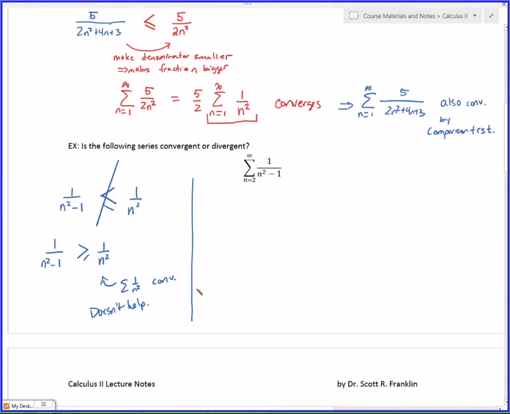And this is why I don't like the comparison test as much as I like the limit comparison test we'll get to in a second. Here's how I get creative. Think about n squared minus 1 by itself.